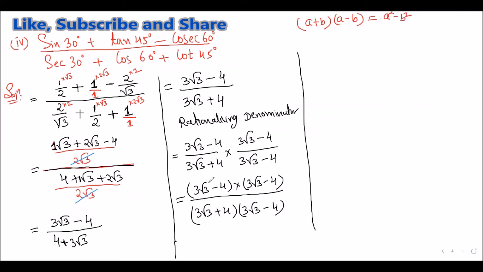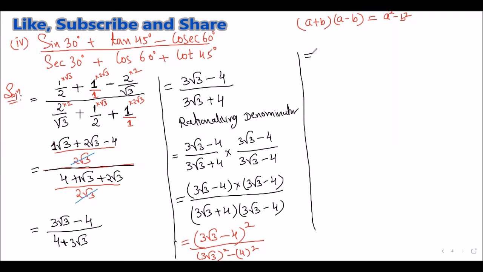The numerator is 3 root 3 minus 4 into 3 root 3 minus 4, so a whole square will come. In the denominator, a plus b into a minus b means 3 root 3 whole square minus 4 whole square. Now continue the problem.